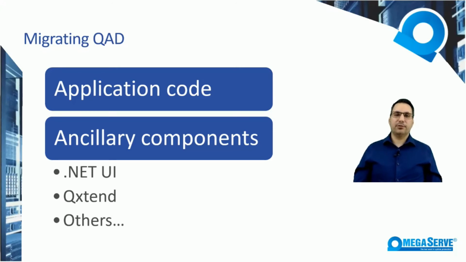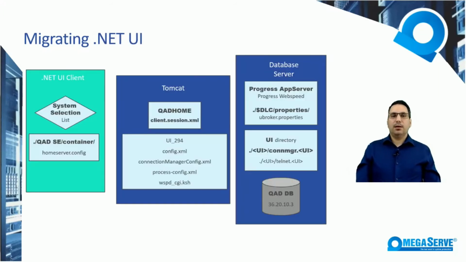Even your .NET system, you can pretty much copy over from Unix to Linux, and after some configuration changes, which I'm going to go through, it can run just fine on your new system. When it comes to .NET, if you're changing hostname, there are hostname settings at the client side called the home server config, and that points to your home server, your Tomcat server.